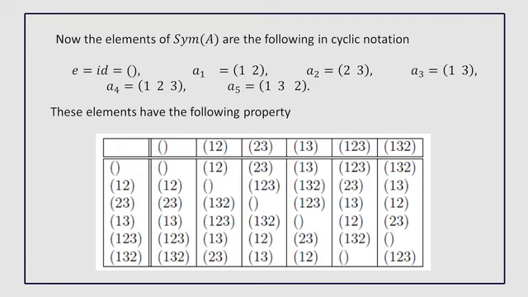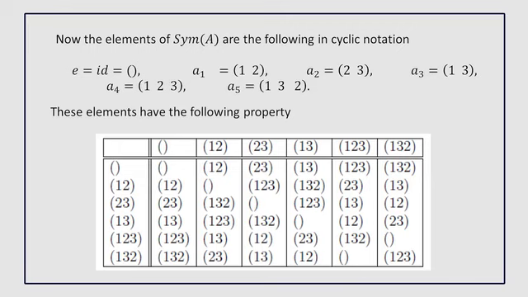Now here is a table where we have shown some properties of these elements. Here we can see that if we combine the identity element, then we get the identity element. If we combine (2, 3) with (1, 2), then we get (1, 2, 3).